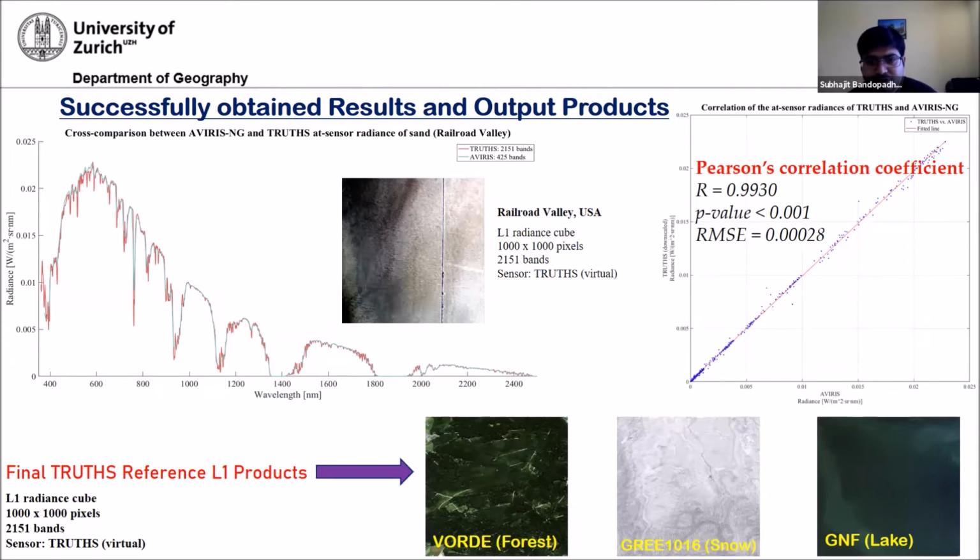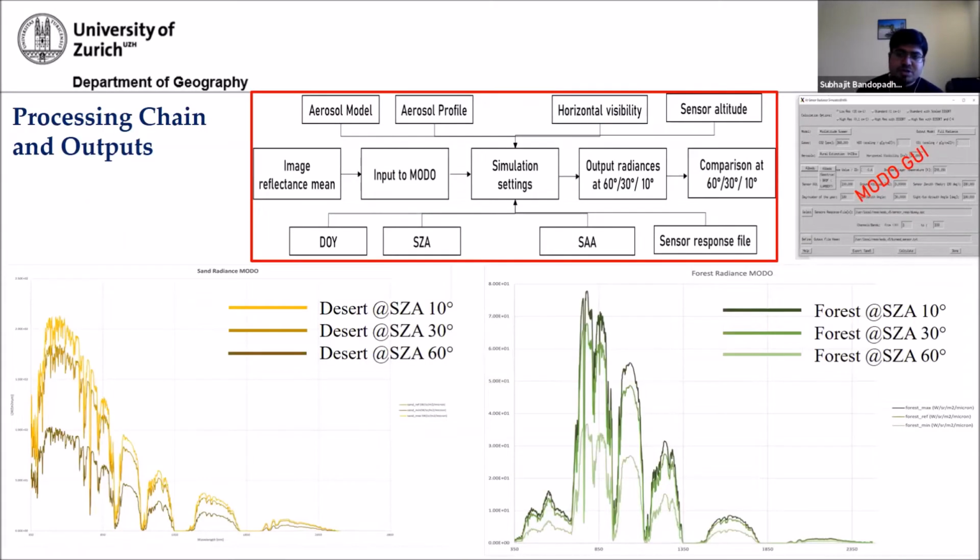You can see the radiance curves are fitting each other very well, and we used the same methodology for other landscapes, also for the forest area, the snow area, and the lake areas.